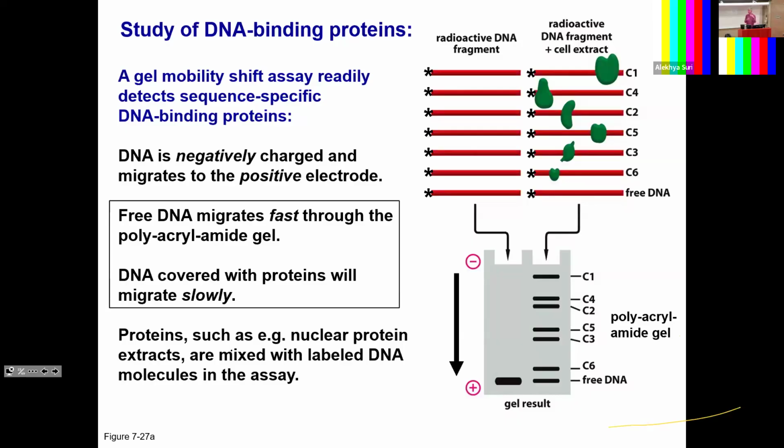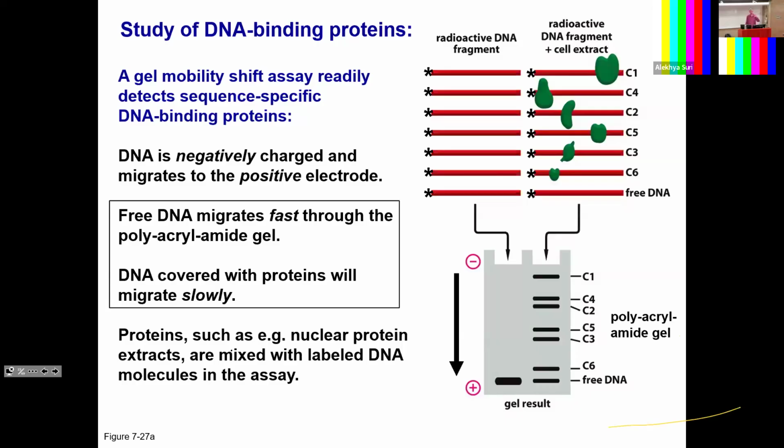So in the polyacrylamide gel, you apply an electric field. You have a positively charged electrode and a negatively charged one, and you can see here on the right side the positive electrode. The sample is loaded in the slots, in the wells on the top.